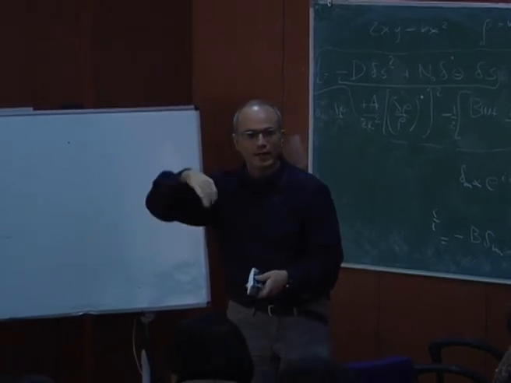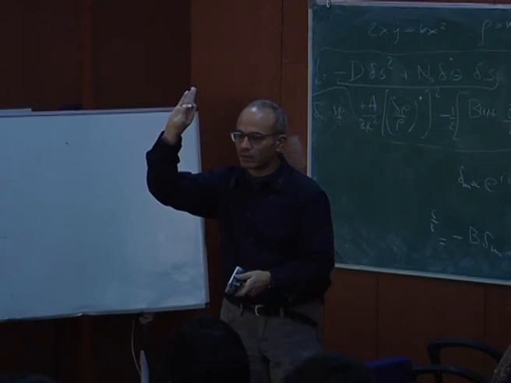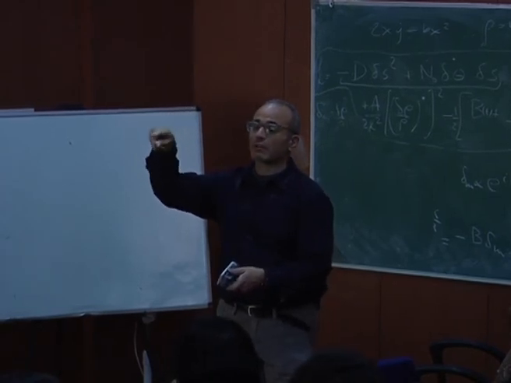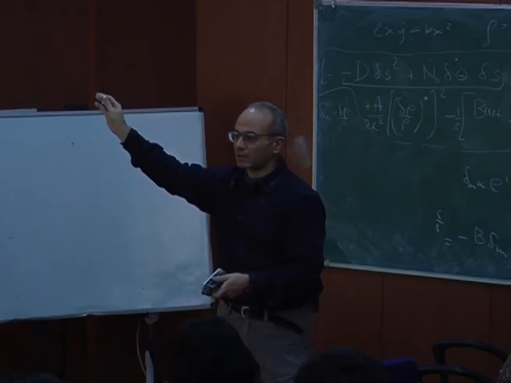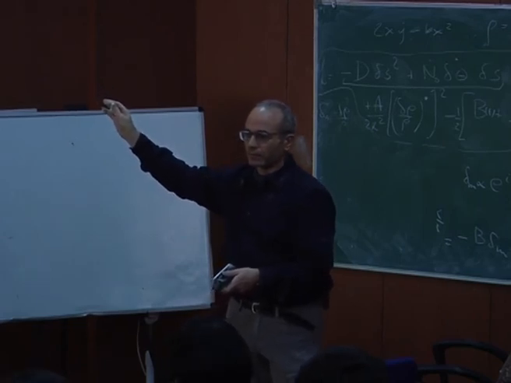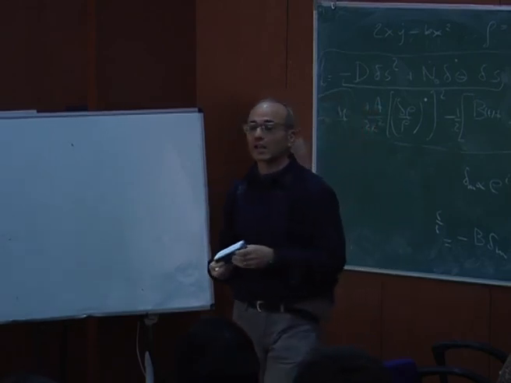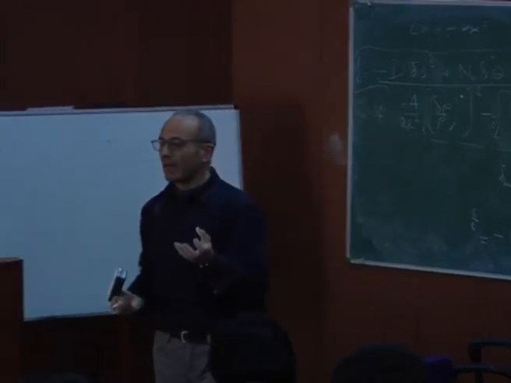But you have an exponentially growing mode, because omega will be plus or minus i something. So to have c_s square positive is a necessary condition for stability.